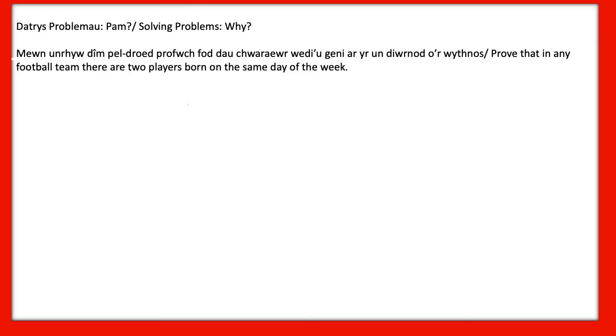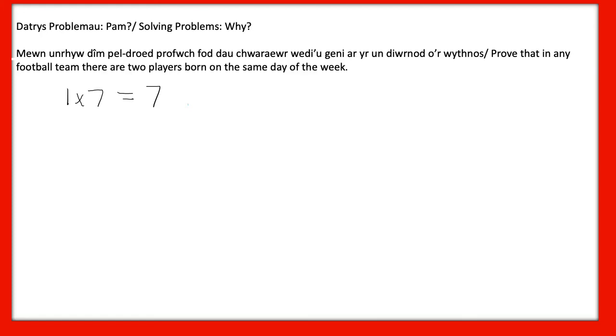One of the things that we know is that in a standard football team, I've got 11 players, but I've only got 7 days of the week. And if the situation were that there were no 2 players born on any one day of the week, I could only possibly have 1 times 7, which gives me 7.